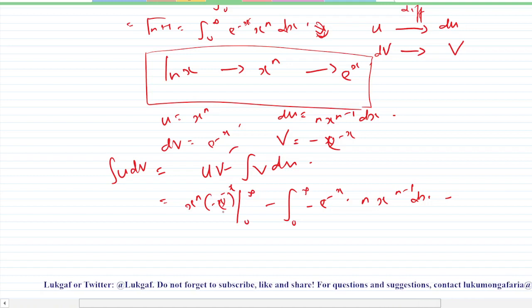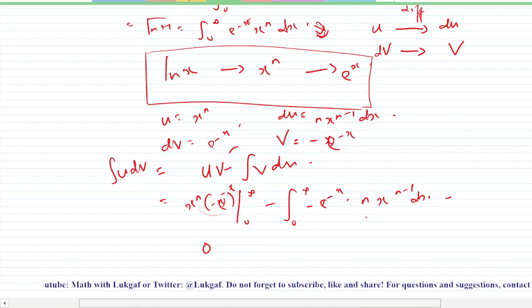Likewise, e raised to the power minus x will be a very small number, so it is going to approach zero. In essence, as x approaches infinity, this is going to be zero. That's why I have zero here. Then for this one, when you put zero as the value of x, zero raised to the power n is going to give you zero. Then this is going to be zero.